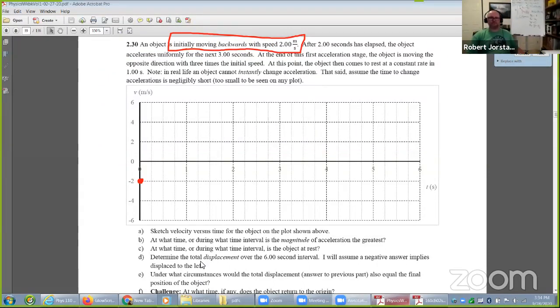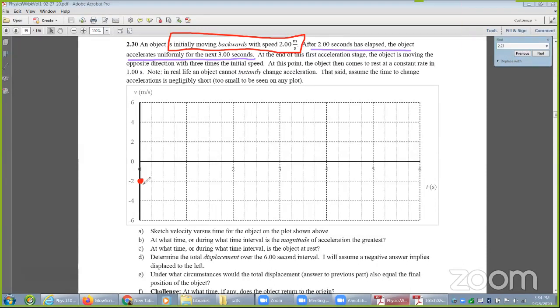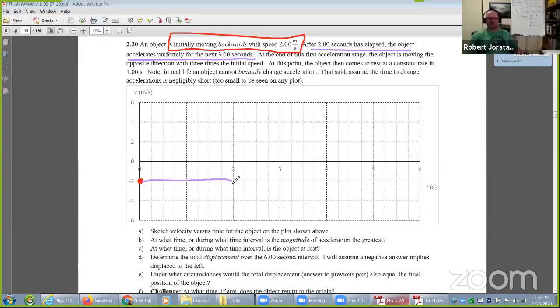Okay, so now let's go to this one. Okay, there's a lot in there. What does that tell us? It's going to be a constant speed all the way till it hits 2, and then it's going to change, but I'm not sure how.